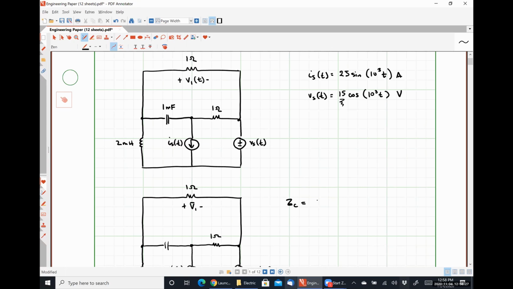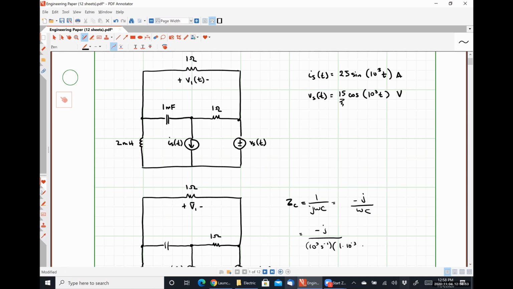Yes, 1 over j omega c, which is the same as negative j divided by omega c. So that would be negative j divided by omega, which is 10 to the 3 radians per second, times our capacitor value, which is 1 times 10 to the minus 3.